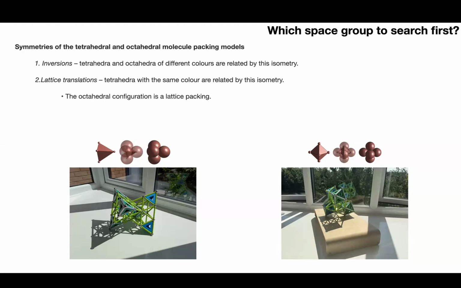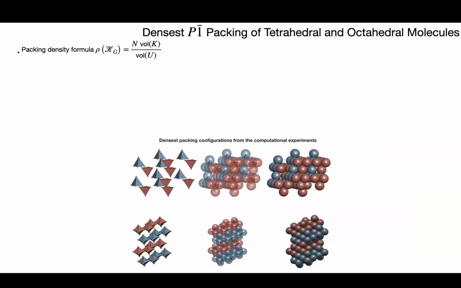So we have two symmetry operations. The smallest group having these symmetry operations is P bar 1. So yeah, we ran the experiments in the P1 group for octahedra and tetrahedra. So these are the output structures.